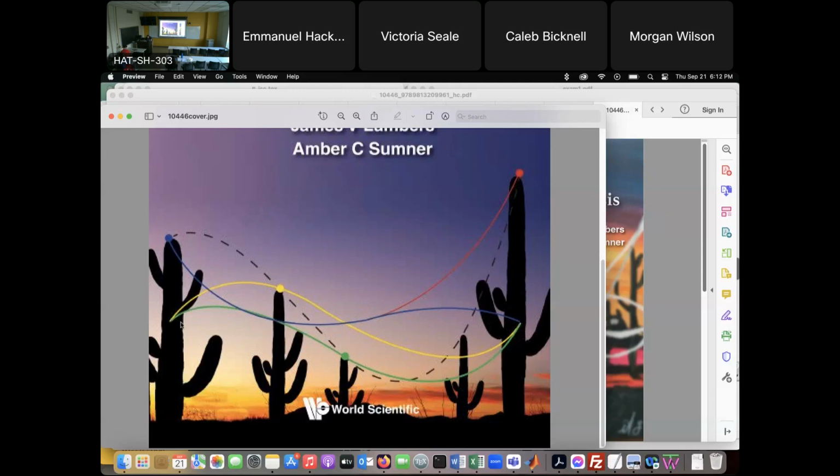The green polynomial is non-zero here, but 0 here, here, and here. And finally, the red one is 0 at the first 3 points and non-zero at the fourth one. So, in other words, the black dashed curve is equal to the sum of the blue, yellow, green, and red curves.